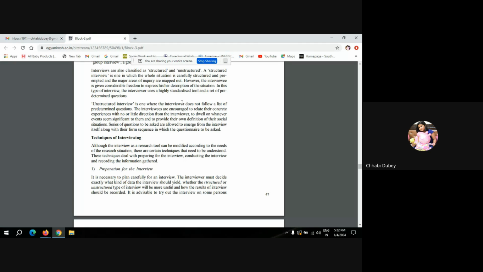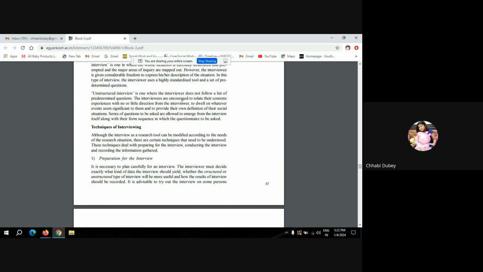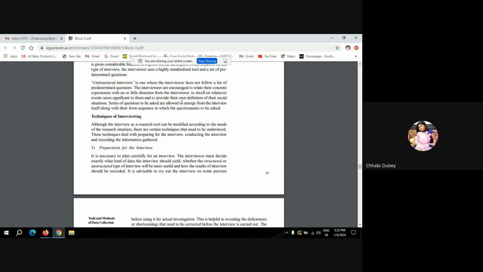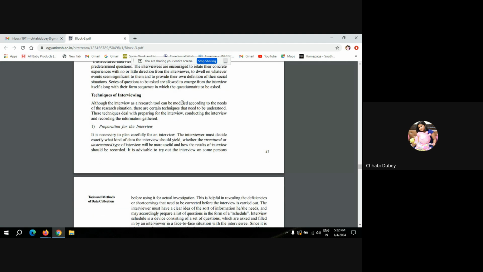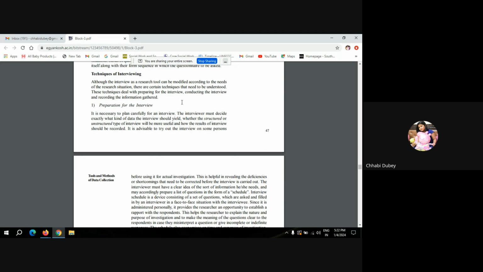Now, there are certain techniques which have to be used for interviewing. These techniques deal with preparing for the interview, conducting the interview, and finally recording the information which has been gathered. Preparation for the interview is the first part that has to be taken into consideration when we start using interview as a tool.